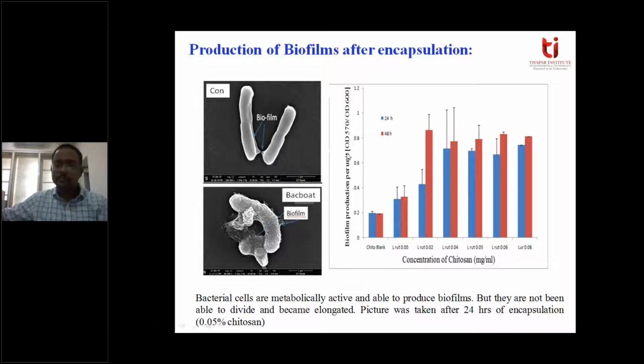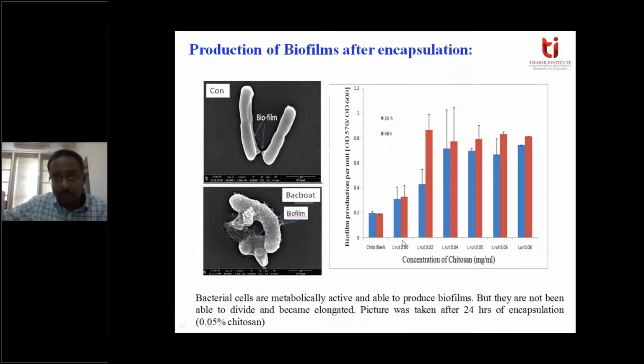Again, you can see my slides, right? I'm on the next slide. This biofilm production depends on how much chitosan, the polymer we have used to make the particles on the surface.